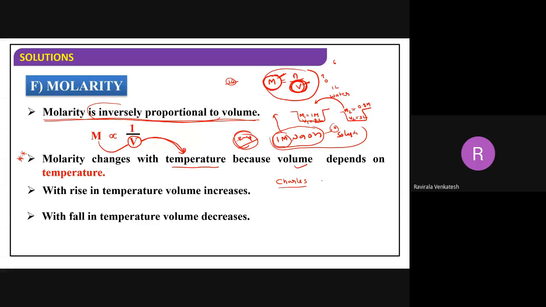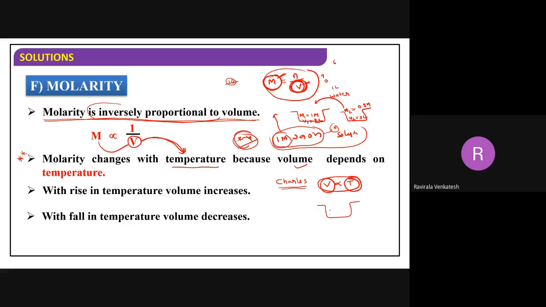Boyle's law, Charles law? Nobody knows. Charles law: volume is directly proportional to temperature. In 11th class you studied this in states of matter. V is directly proportional to temperature. Now when you increase the temperature, volume increases.